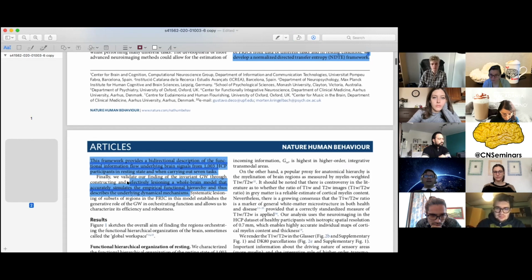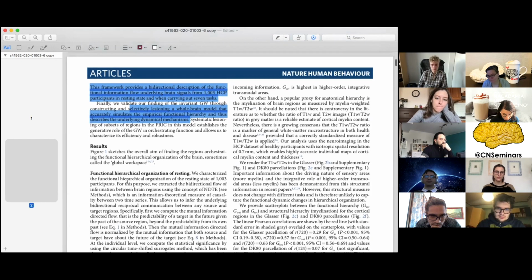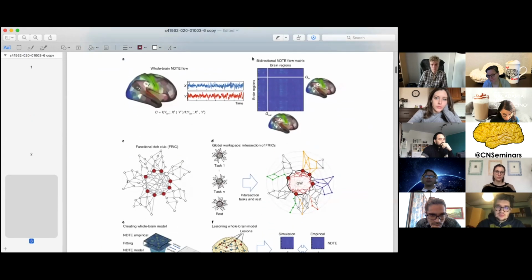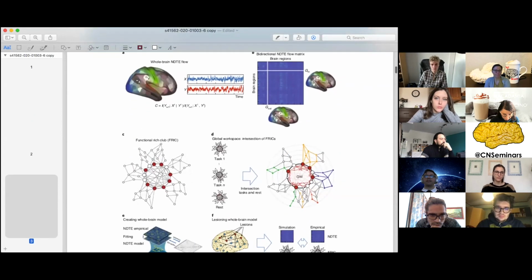And then later on, you'll see that once they define the model, they also model virtual lesions inside this hierarchy and try to see what is going on. So that's a little bit of the idea. I think it's well represented here.